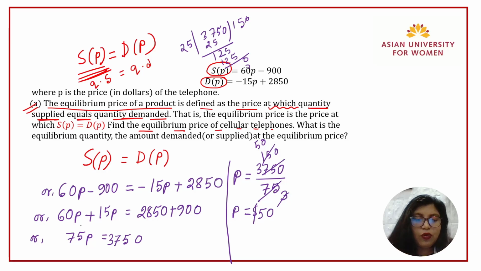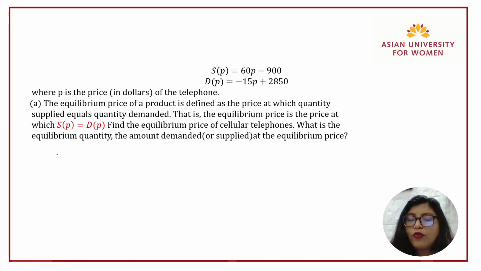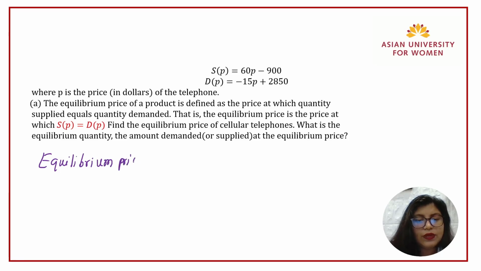Now everyone, please don't forget it, and of course take note. We have found out the equilibrium price, which was the question in the beginning. The equilibrium price is equal to $50. Now, they have asked to find the equilibrium price. Okay, we have found it, done.